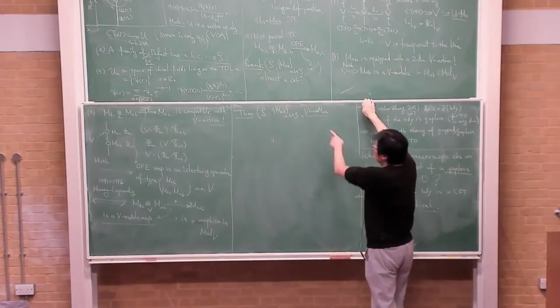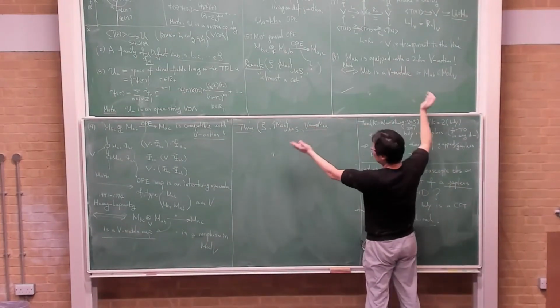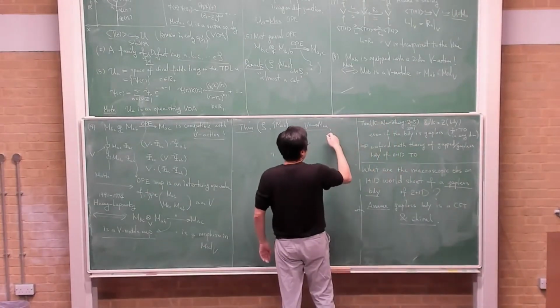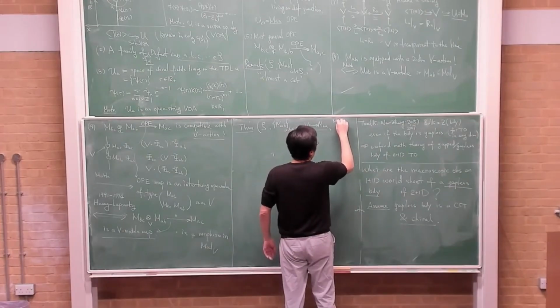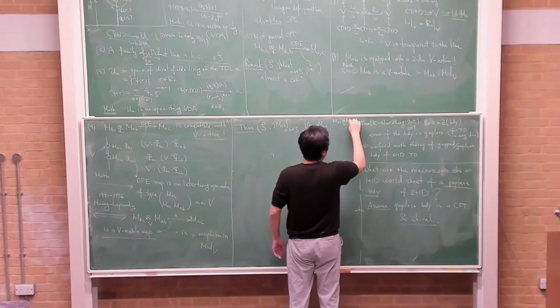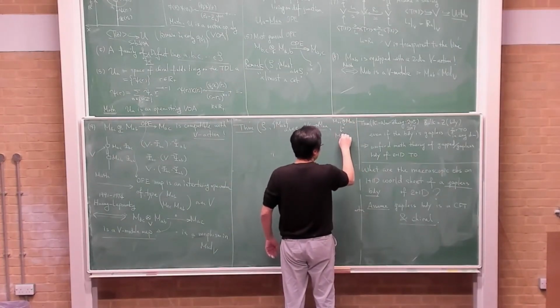This map is canonical in the sense that it's path independent, because if you do it from left or right, they are the same. And the third one is the composition. BC tensor over V AC AB maps to, there is a composition map.